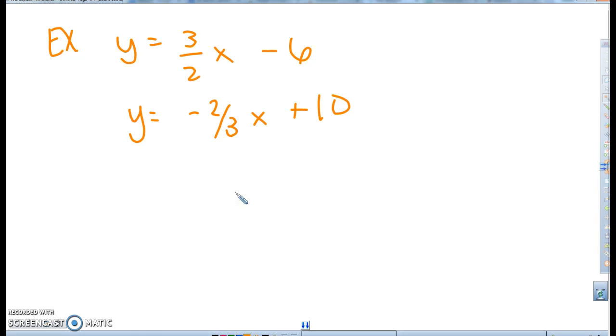Okay? So, that's all well and nice, but we need to get a little harder, a little more challenging. Okay? And if we remember from our objective, we said that we are going to write a line that passes through a given point parallel or perpendicular to a given line.